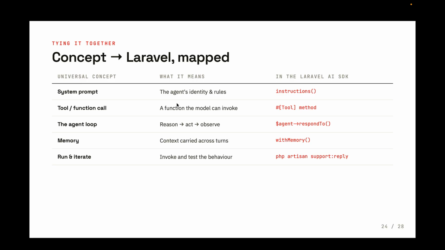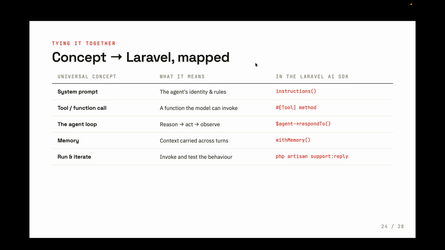But for what we're doing now, you take these universal concepts and understand what they mean. So in review, right, system prompt is the agent's identity and rules. Tools and function calls, right, those are functions that can help aid the agent do its job. The agent loop is our reason, act, observe loop that we keep refining and refining until we finally get to the answer. Memory is what we want to be able to preserve context while we're in this agent loop.